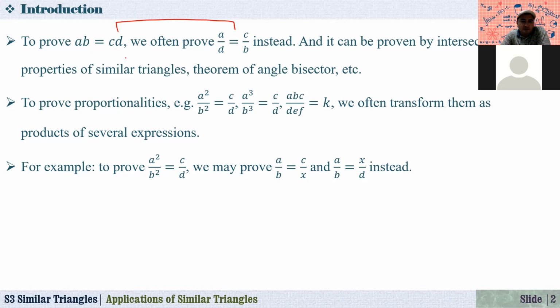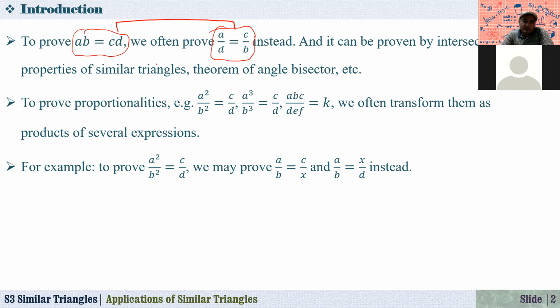If you divide both sides by B times D, I get A over D equals C over B. Or simply, I take D to the left-hand side and B to the right-hand side. That means proving that AB equals CD is the same as proving that A over D is equal to C over B.